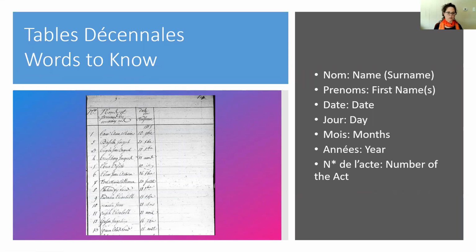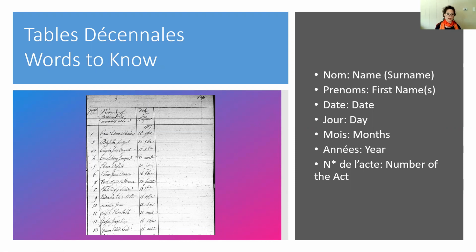So let's say you're looking at the book for the year 1807. It's going to give you a list: number 1 is the first baptism of the year 1807, number 2, etc., etc. Okay, so generally speaking, this is how the books are going to be organized.